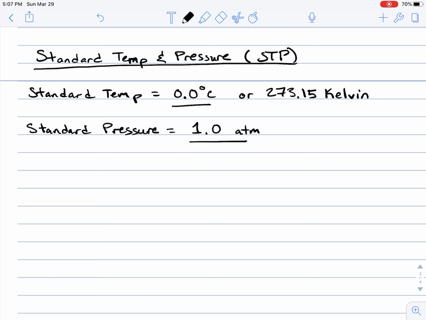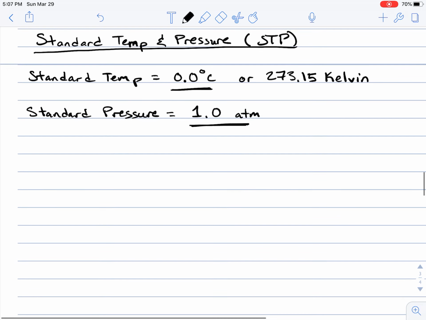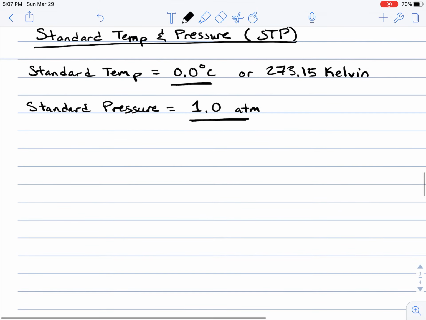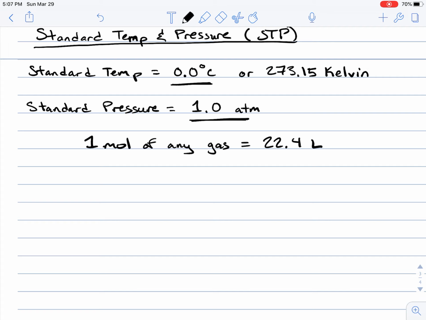And so if the temperature of the environment is 0 degrees Celsius and the pressure is 1.0 atmospheres, he basically said that 1 mole of any gas will occupy 22.4 liters at 0 degrees Celsius and at 1 atmosphere.